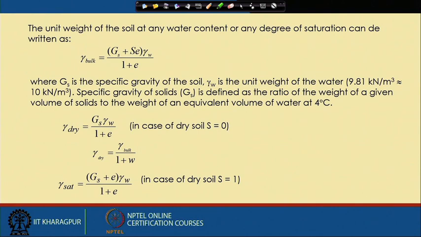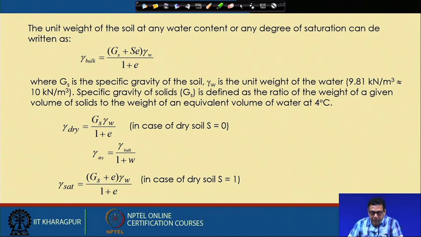We have different types of unit weight depending upon the water table position. We have a bulk unit weight, a dry unit weight, a saturated unit weight, and a submerged unit weight. Depending upon the condition, we will use different unit weights.